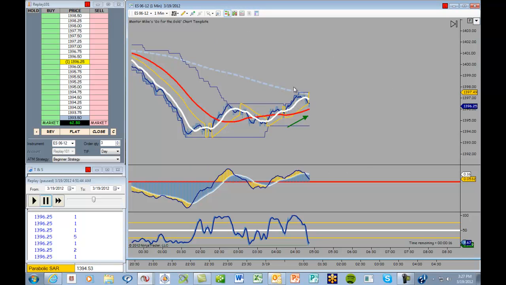And notice we're kind of hitting resistance here with this downsloping long-term moving average.